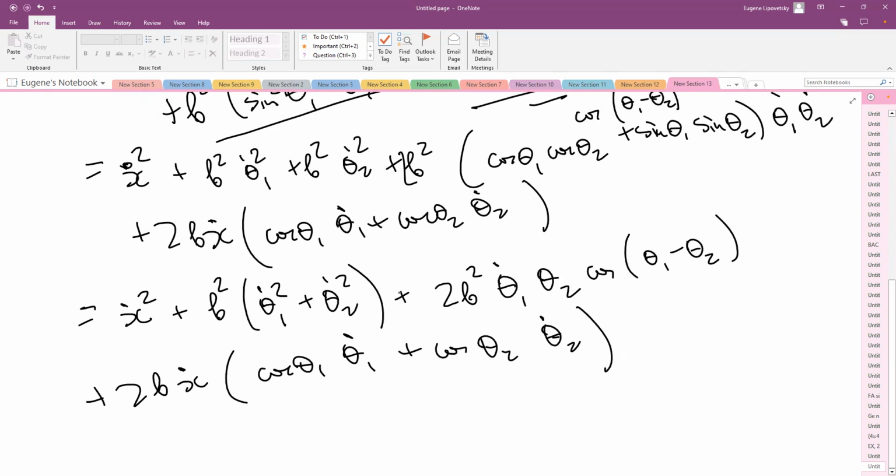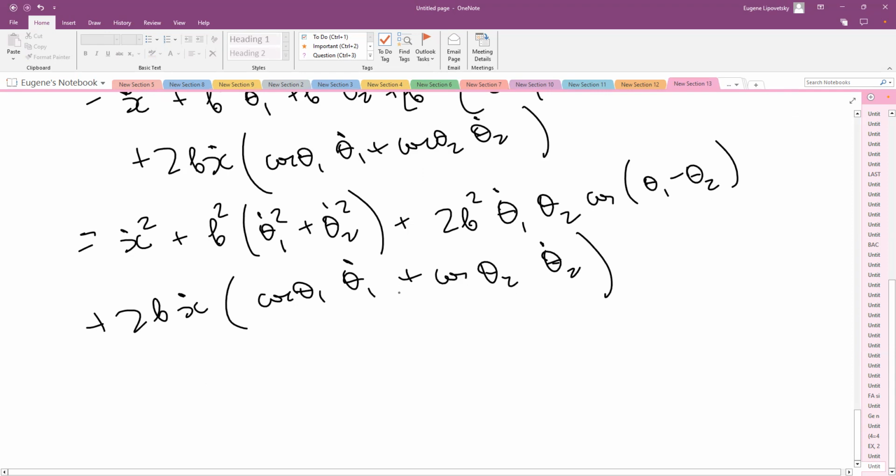We now have all the building blocks for the kinetic energy. It's big, but well, what can you do there, right? Okay. So kinetic energy will be equal to the sum of these three pieces.